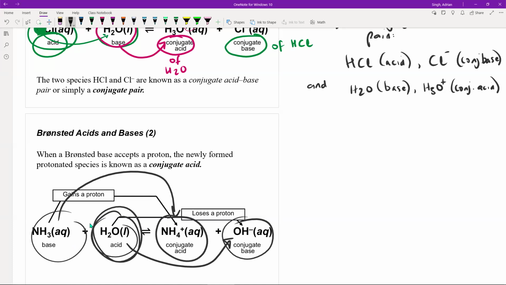So the way that we can identify members of a conjugate acid-base pair is actually really simple.